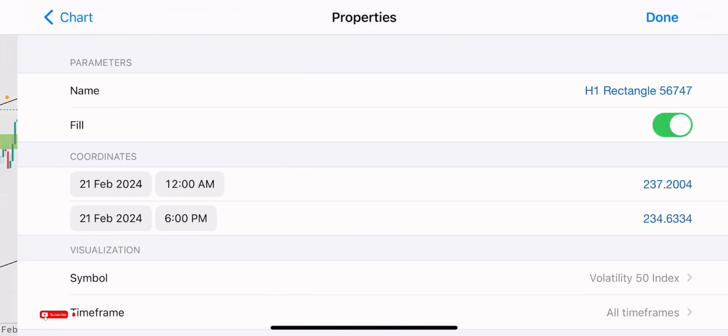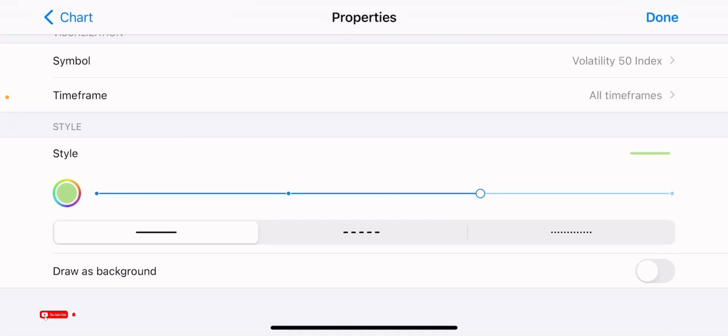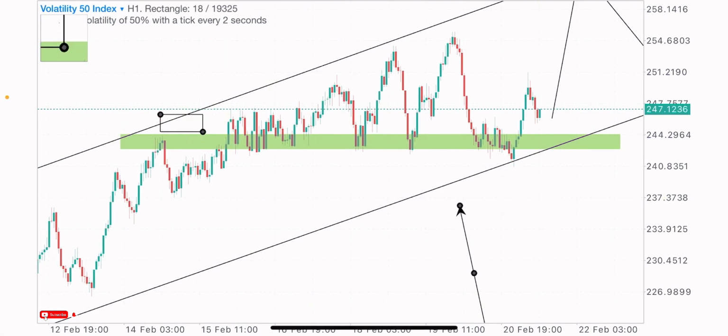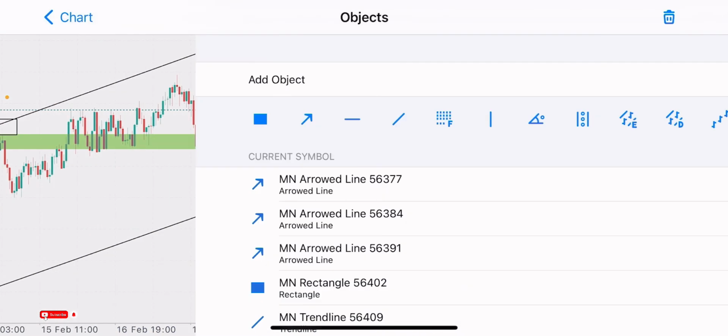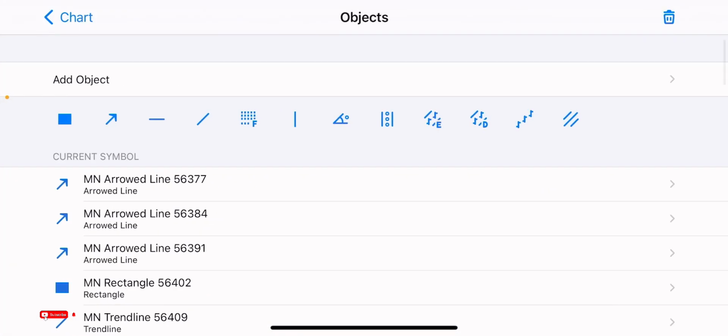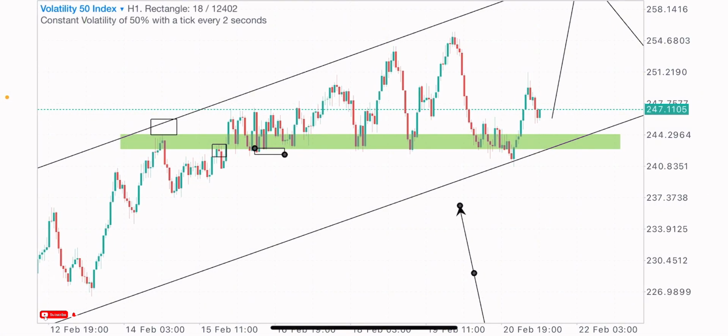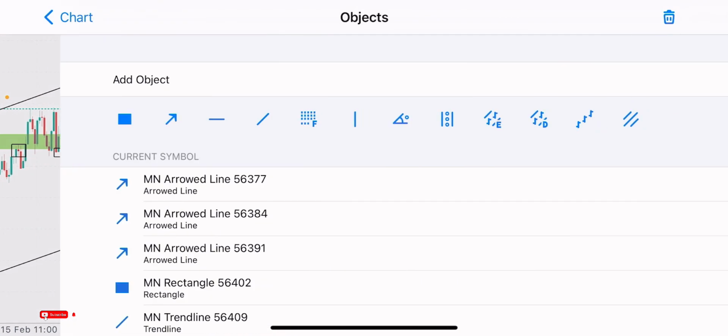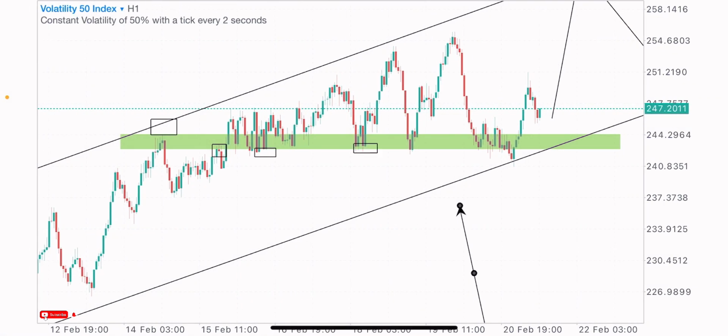Let's change this, open it and make it black. Right, so whenever price gets to this level, price reacts on it. You got the first reaction there, price sold, price bought here, price sold again at this zone, price sold here, right, price bought at this point, price bought here, here as well, and here again, price bought here as a support.